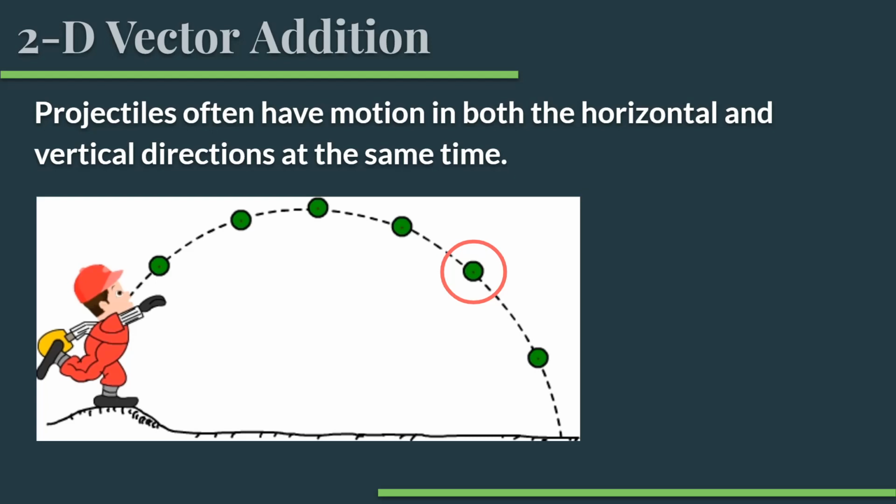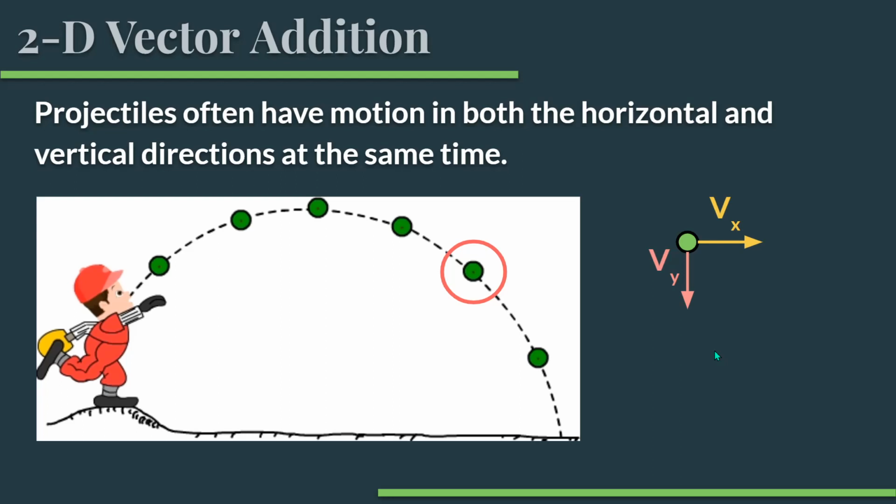So at this point, the ball is moving forward or to the right, but it's also moving down. Do you guys agree? Okay, and so we could represent our velocities like this. We have some amount of velocity in the x direction, or horizontal velocity, and we have some amount of velocity in the y direction, or vertically. Forward and down at the same time.